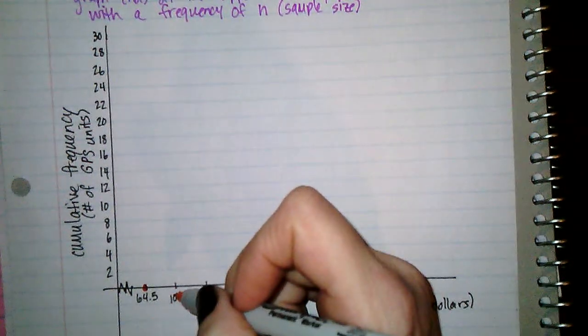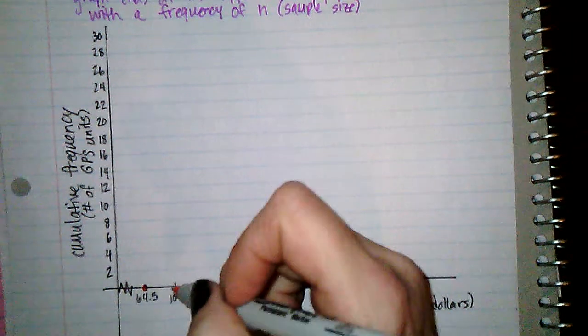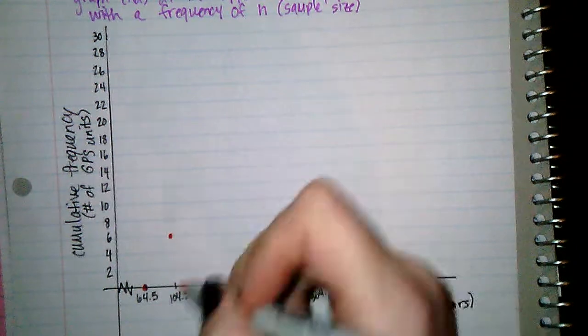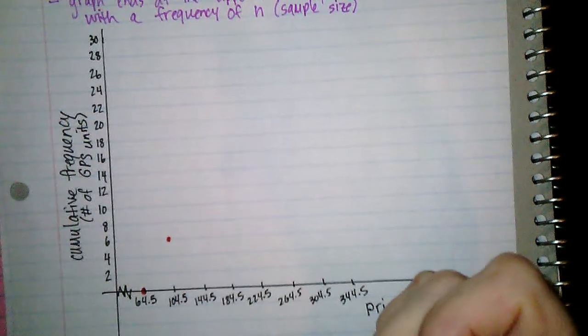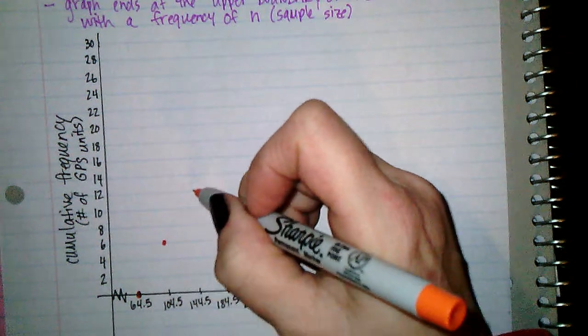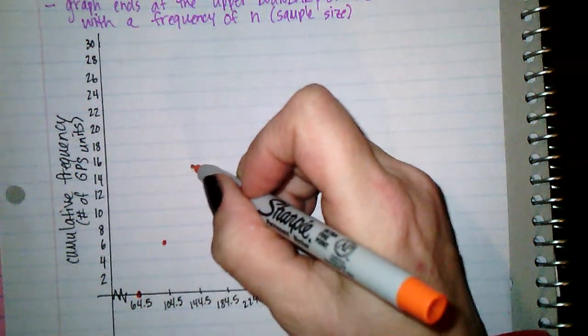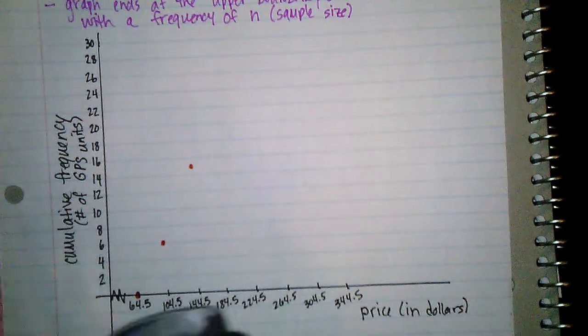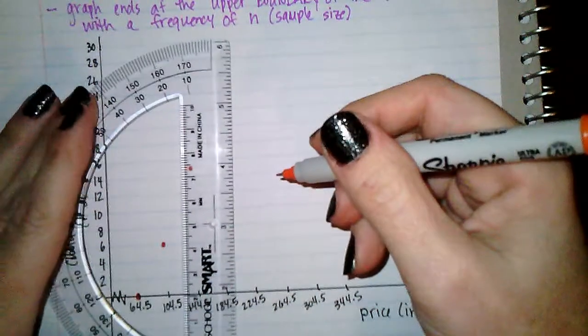Then at or below 104.50, we had 6 units. And then there were 9 in the next class, which means our cumulative frequency would be at 15. And then our next cumulative frequency was 21.